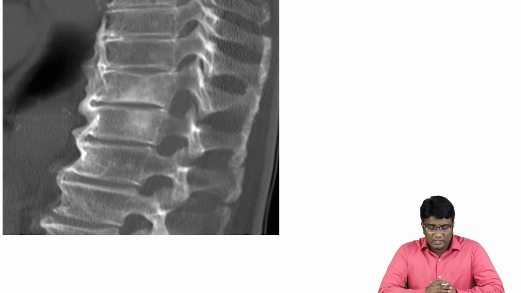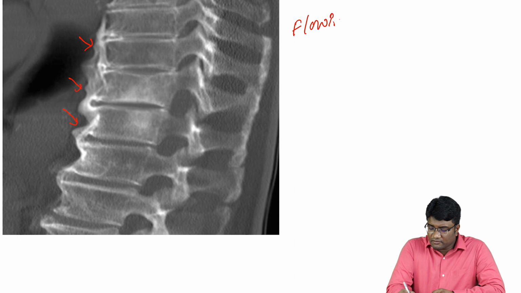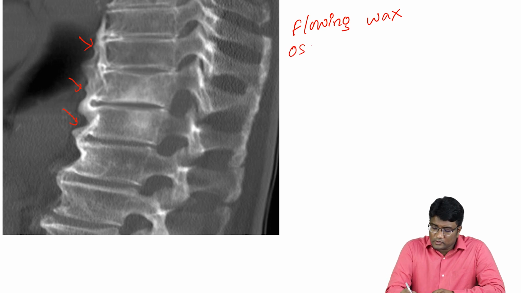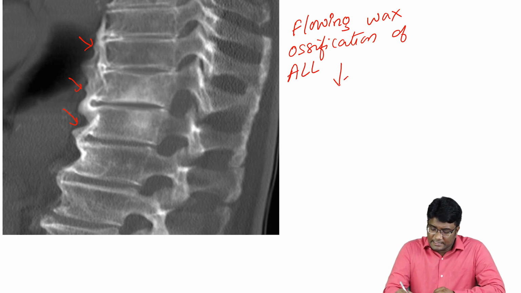If you see this image, there is a classic flowing wax-like ossification. It appears like there is a flowing wax. It is not just mineralization or calcification, there is hyperostosis, there is thickening. And this thickening or hyperostosis is taking the shape of a flowing wax. So this flowing wax ossification of the anterior longitudinal ligament, ALL, of the vertebra is seen in cases of DISH.